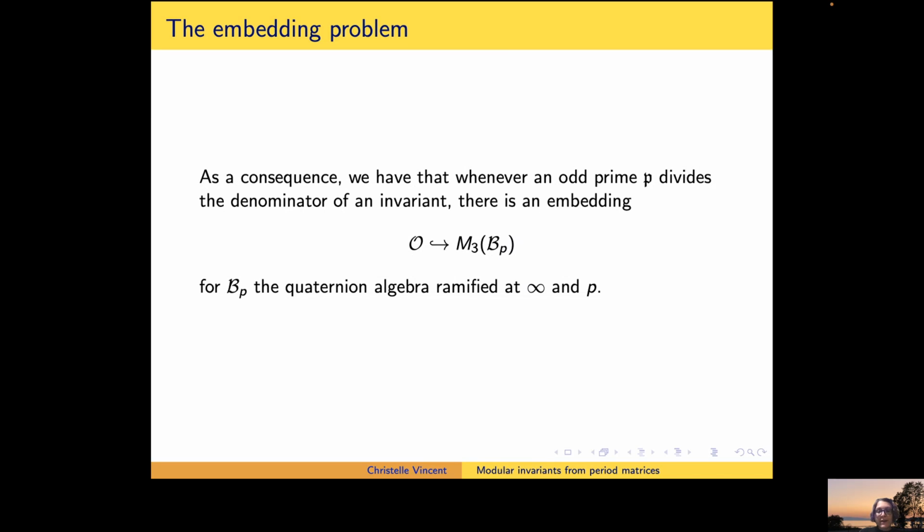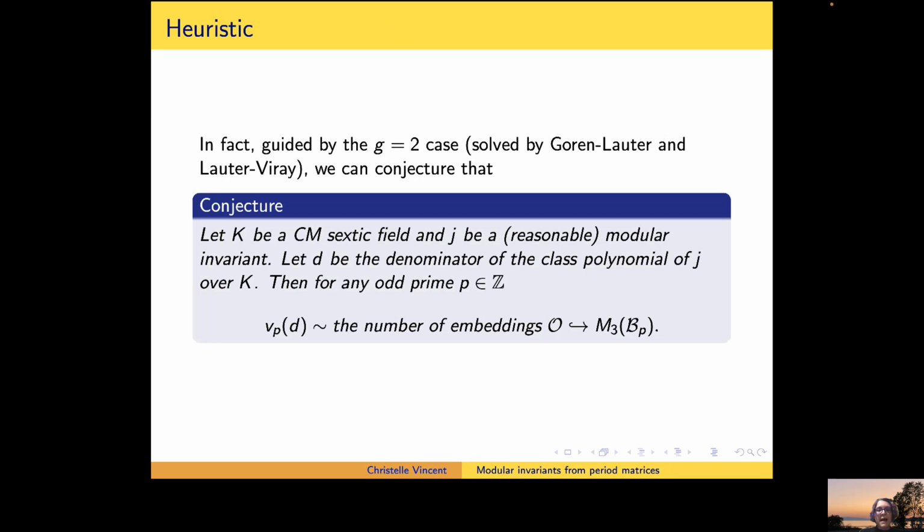Now, from previous work on this in dimension 2, we have reason to believe that the exponent to which P divides the denominator of the polynomial is related to embeddings. I talked about how the primes of bad reduction tell us which primes divide the denominator we're trying to compute, but we also need the exponents.